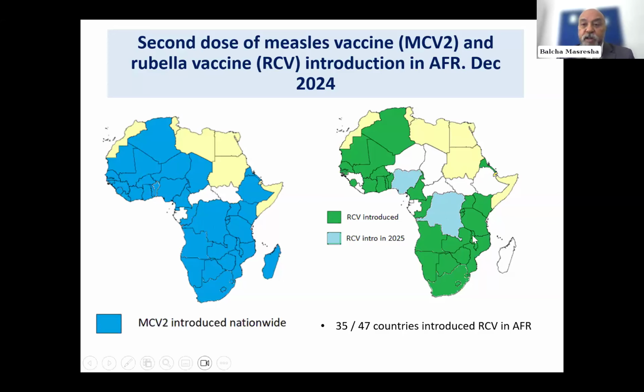But at least Nigeria and DRC have received approval from Gavi and funding from Gavi to introduce rubella vaccine starting the end of this year. These are big countries and they normally do their introduction in wide age range mass vaccination campaigns followed by routine introduction. So it will be a phased introduction starting this year and ending in 2026.